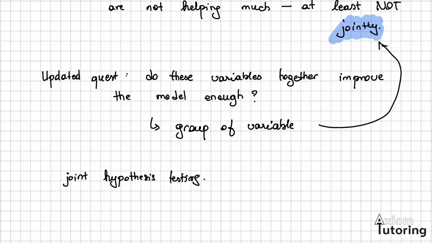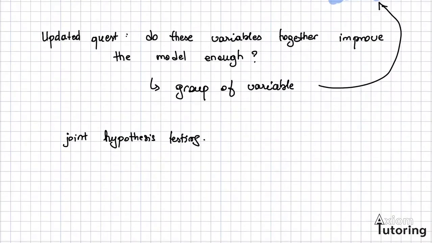Adjusted R-square hints exactly at this problem, but keep in mind, it does not formally test it, because that is the job of the F-test. So I'm just going to highlight it here.